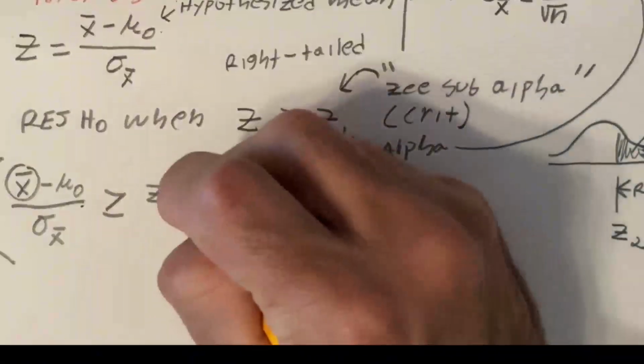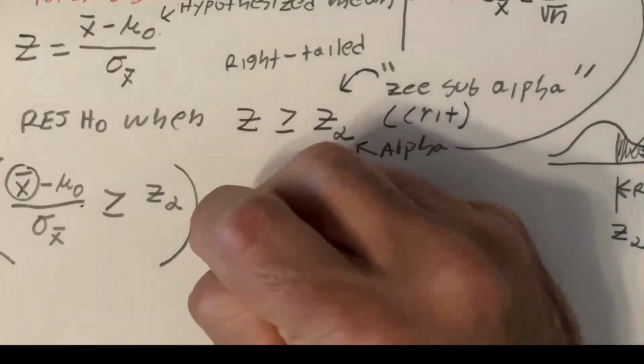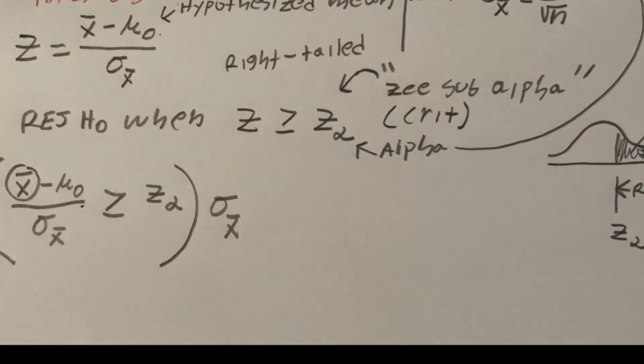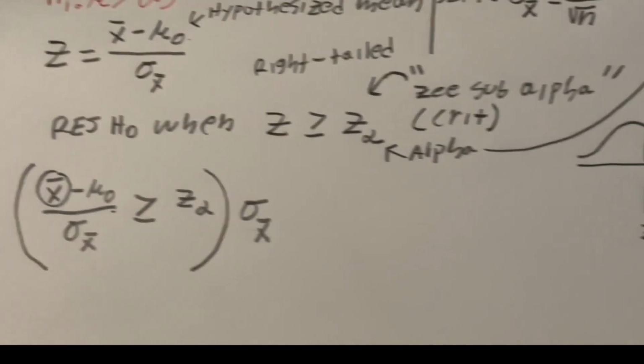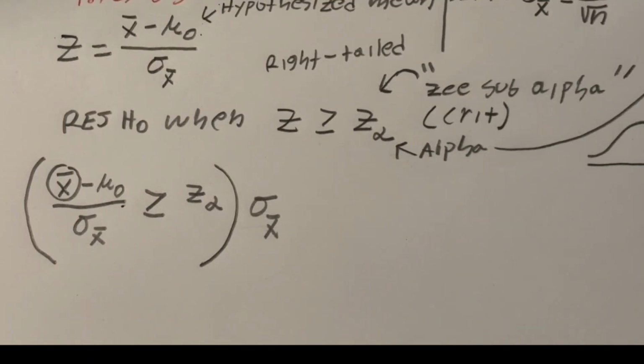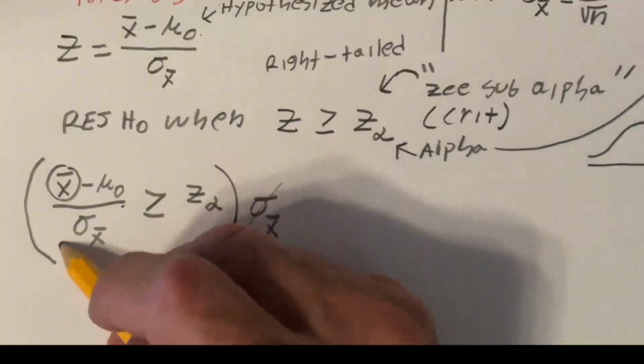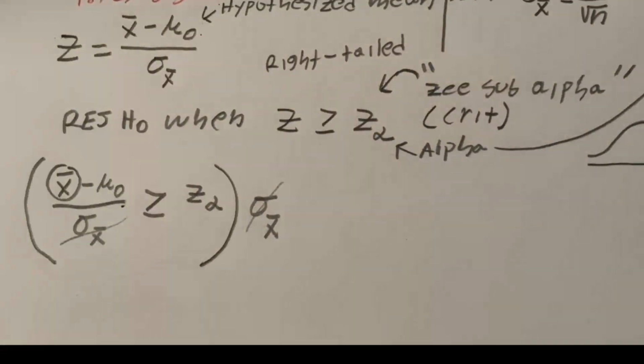So we would multiply both sides of this inequality by sigma sub x bar, the standard error of the mean. And in so doing, we get to cancel out this sigma x bar over here.